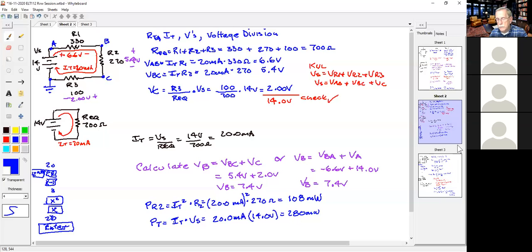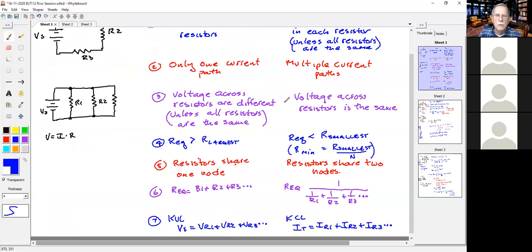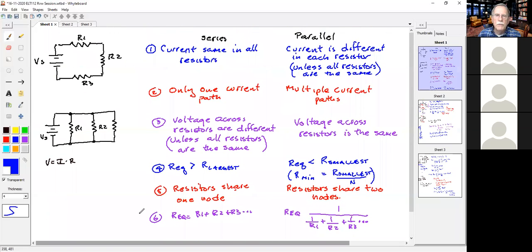I'm not going to ask any conceptual questions on power. I'll just ask conceptual questions on series and parallel, and the conceptual stuff would be the stuff that we had here. If you understand this, that's really the conceptual stuff.